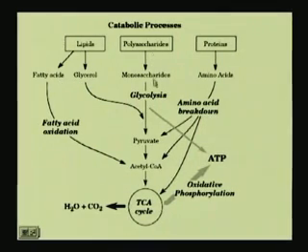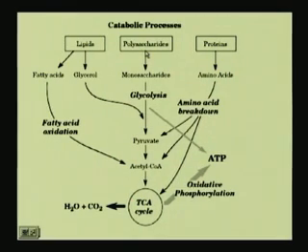The polysaccharides break down to monosaccharides and the proteins break down to amino acids. Now, in the anabolic processes, we have these broken down amino acids and other factors that get into building up the other macromolecules that are required for our bodily functions.